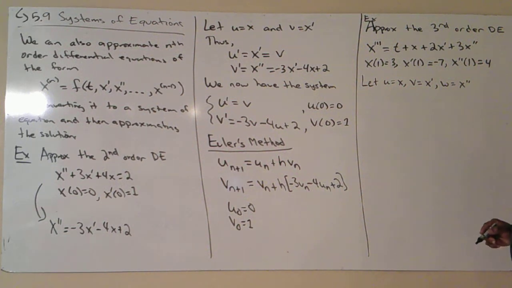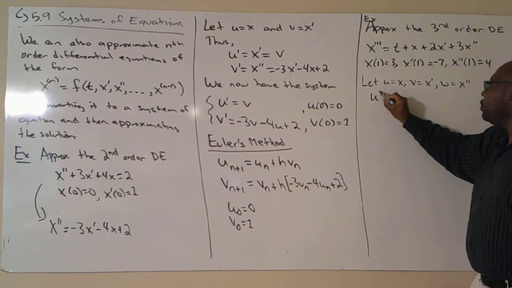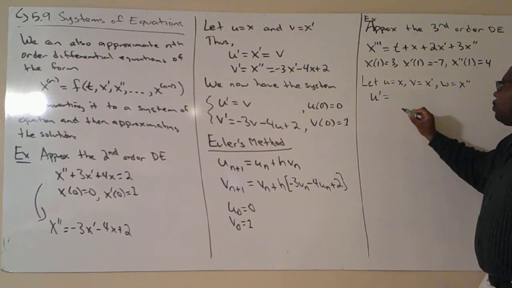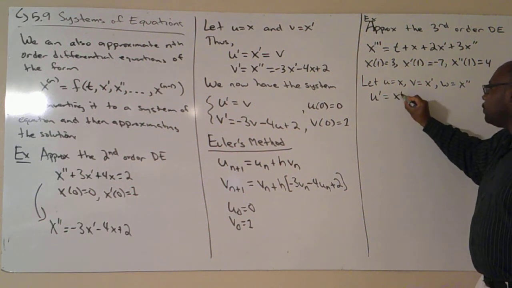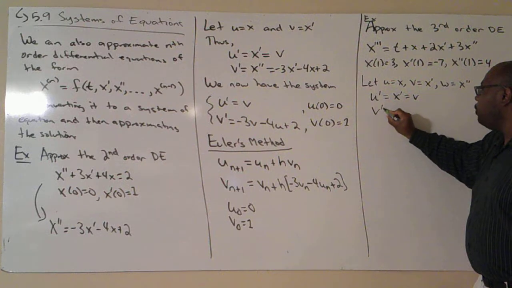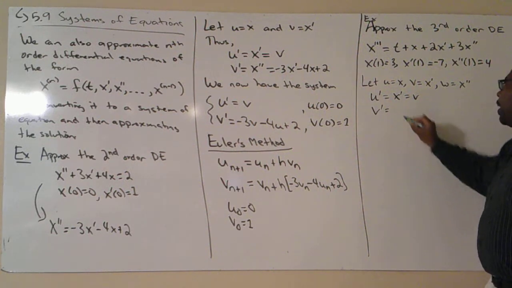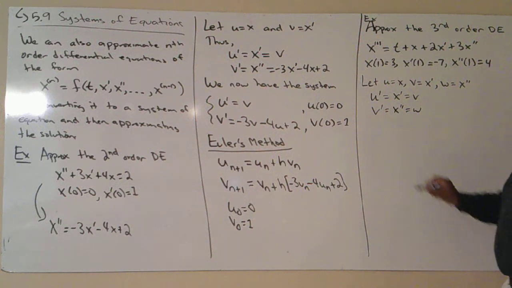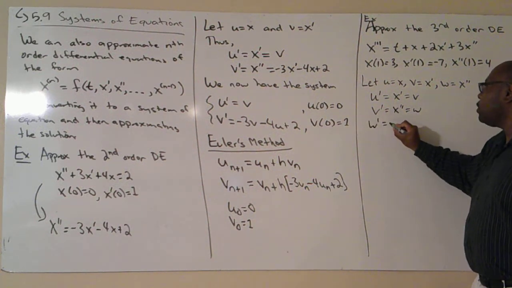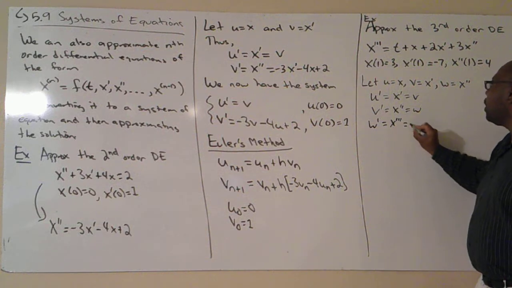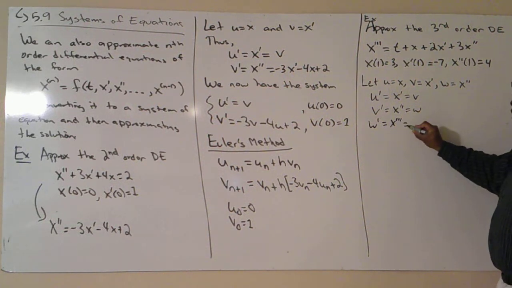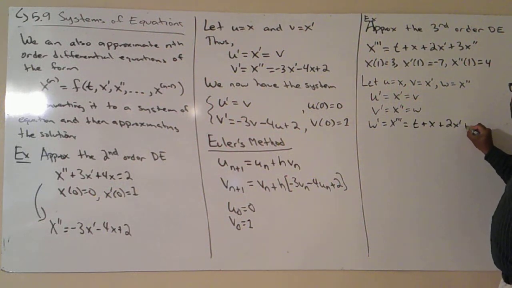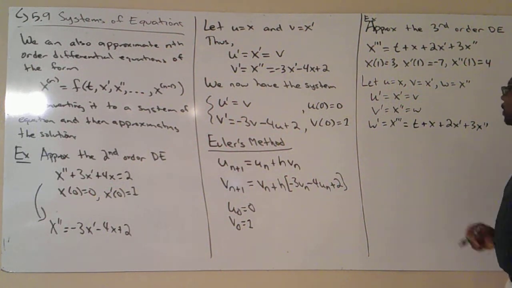And so now let's plug in. We have u prime is equal to x prime, or v. v prime is equal to x double prime, or w. w prime is equal to x triple prime, which is t plus x plus 2x prime plus 3x double prime.